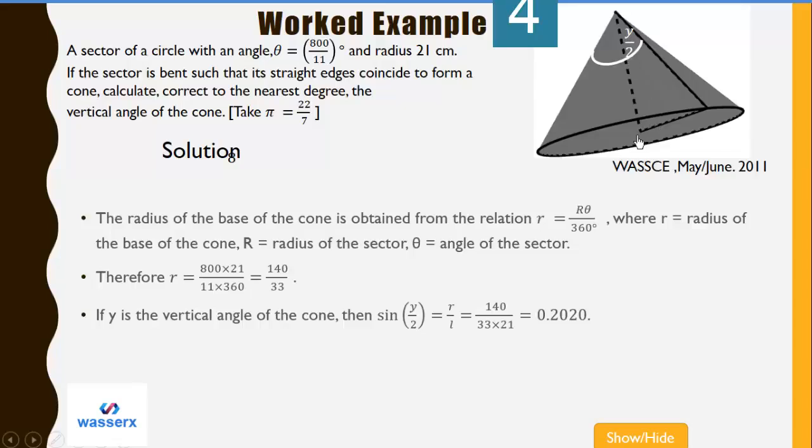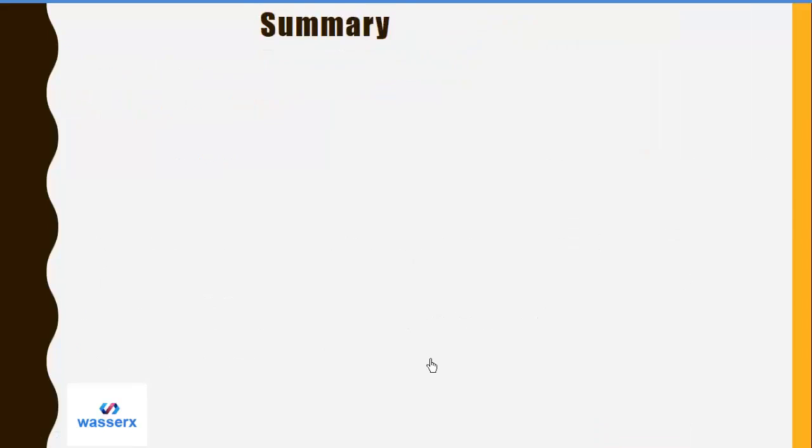Opposite is the small r over here, over the hypotenuse, which is the slant edge, which is L. And don't forget that L is equal to the big R, that is the radius of the sector. So we sub in these values to obtain this. Then the next thing we do is to simplify this for y, and we obtain y to be equal to 23 degrees.